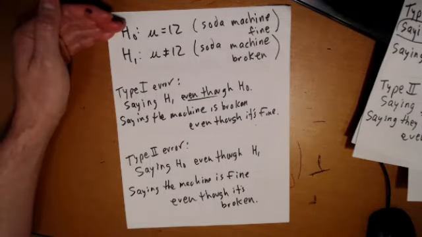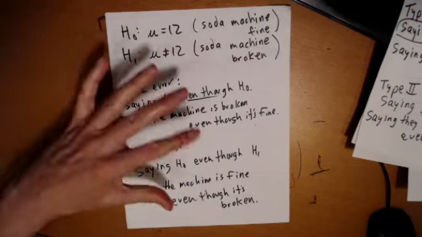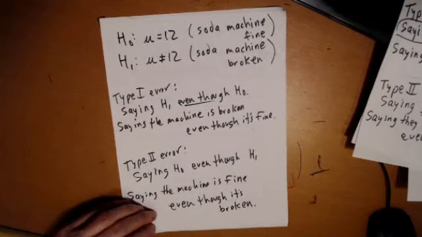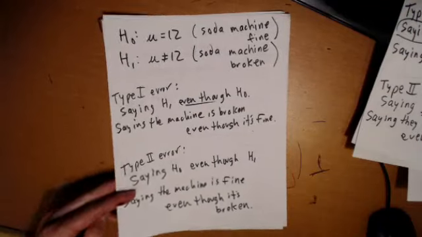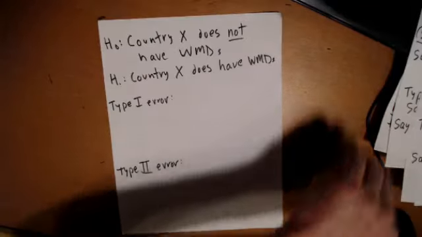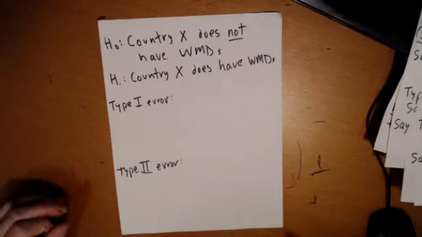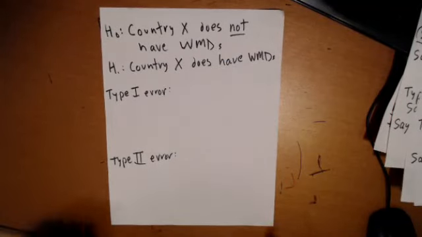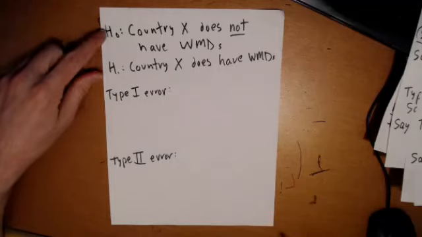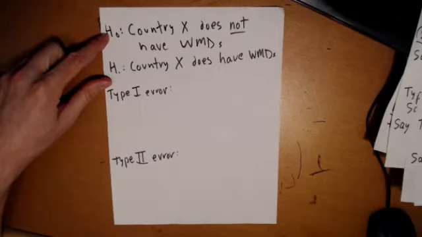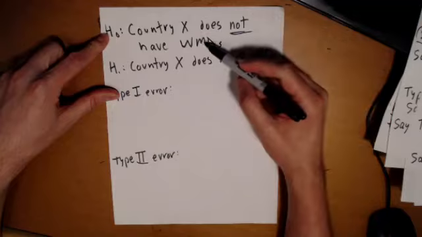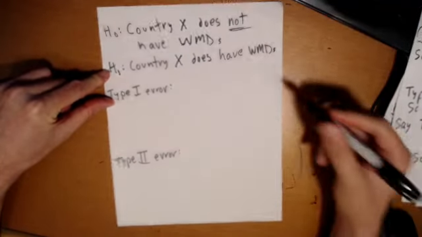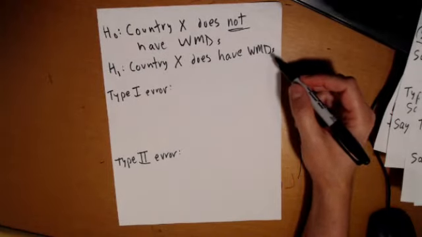You see how you have to be given the null and alternative, or you have to set up the null and alternative yourself. So type 1 and type 2 error actually pop up a lot in life. A decade or so ago, maybe more, it came up in world events, politics. Null hypothesis: country X does not have WMDs, weapons of mass destruction. Alternative hypothesis: country X does have weapons of mass destruction.